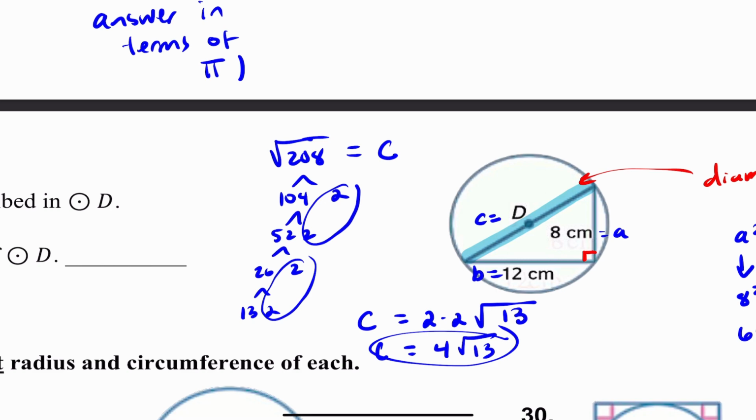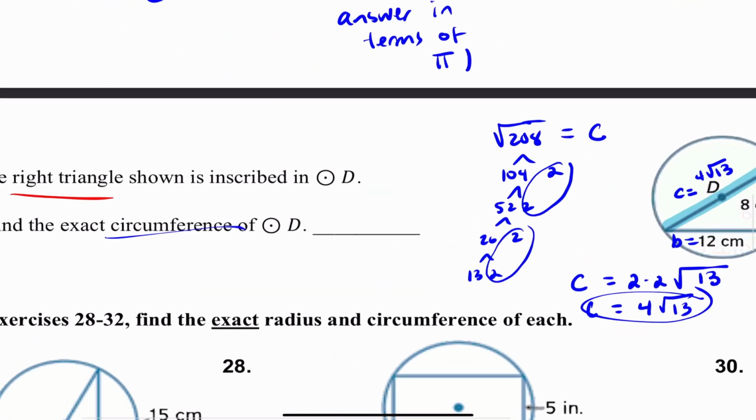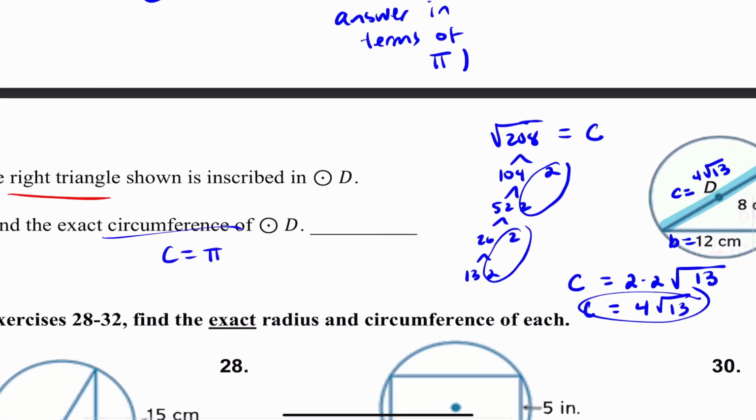Okay, so that's the diameter. So 4 root 13. All right. So it says find the exact circumference of circle D. Y'all remember the circumference formula. Since we have the diameter, we're going to use the C equals pi D formula, not C equals 2 pi r.